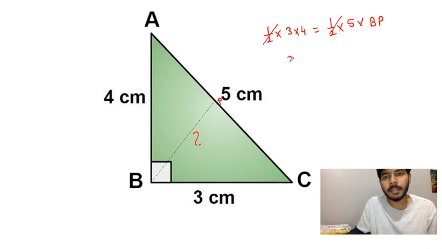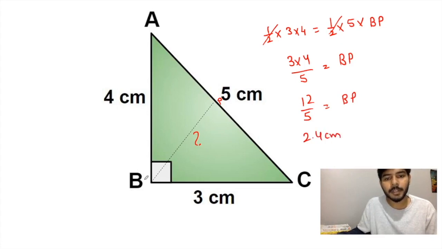That means 3 into 4 upon 5 is equal to BP. Now sir, 12 upon 5 is equal to BP. Now here you can do it, 2.4 centimeters is the length of BP. Hope you understand this.